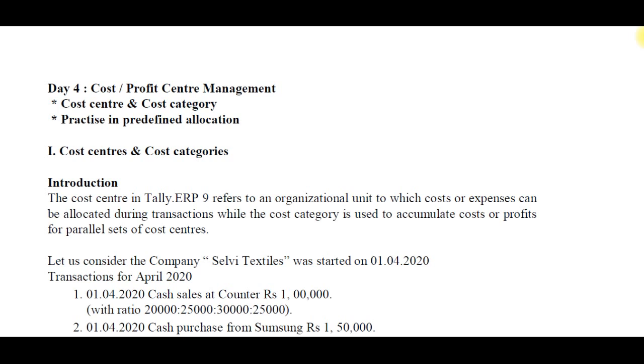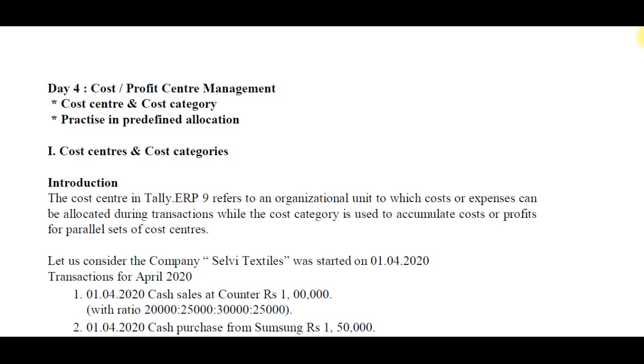So salesman one does the business and gets sales of 1 lakh. Okay, the salesman is a category, and the cost center is salesman one. But the salesman belongs to branch one.